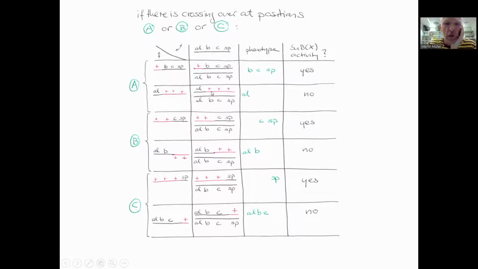Now move one up. The recombinant which has the least red chromosome and has activity is the one up here. You agree? Okay, so in other words, it has this part that includes the SP allele, the non-recombinant SP allele.